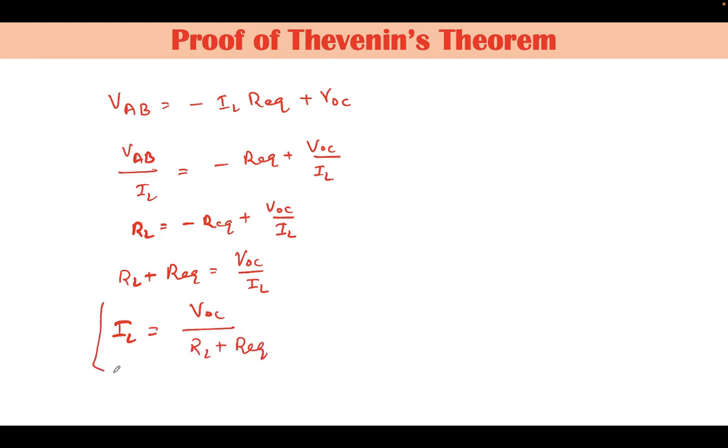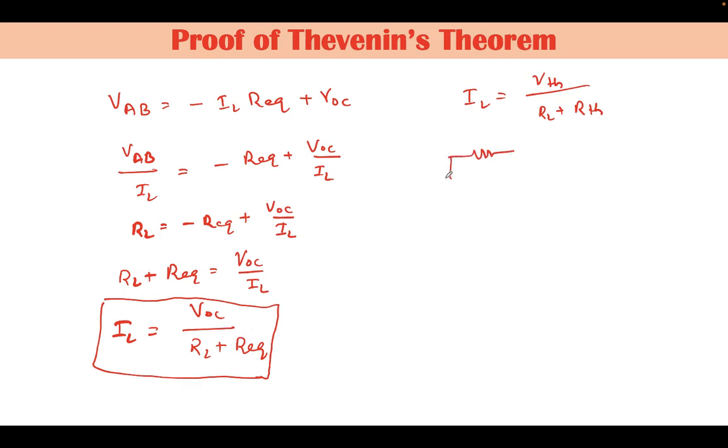Now this is the value of load current obtained by the concept of the superposition theorem, whereas according to Thevenin's theorem, IL was equal to VTH upon RL plus RTH. This is obtained when we have a network equivalent to the Thevenin equivalent, where the load is connected over here; the network is the same, only the notations are different.